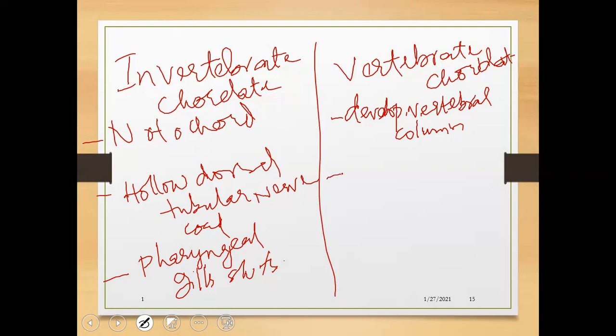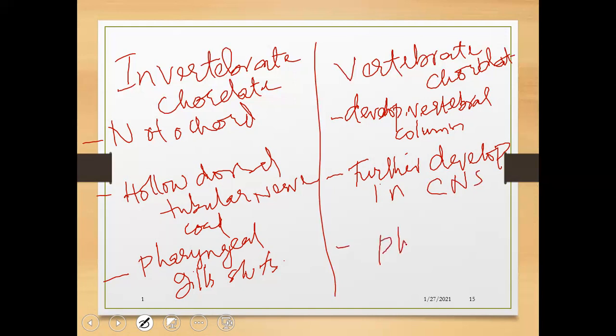In the embryonic condition they develop the hollow dorsal tubular nerve cord, which further develops into the CNS, and the pharyngeal gill slits develop into gills or vanish.